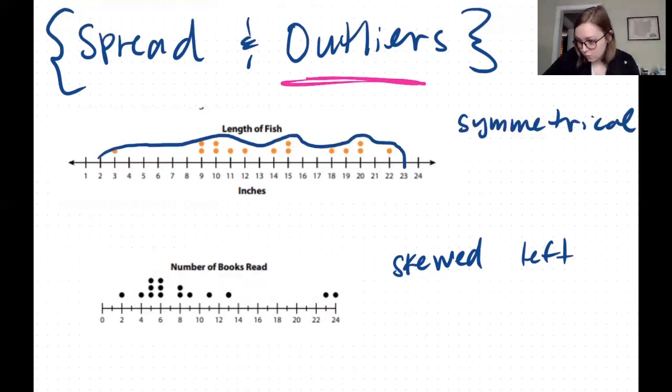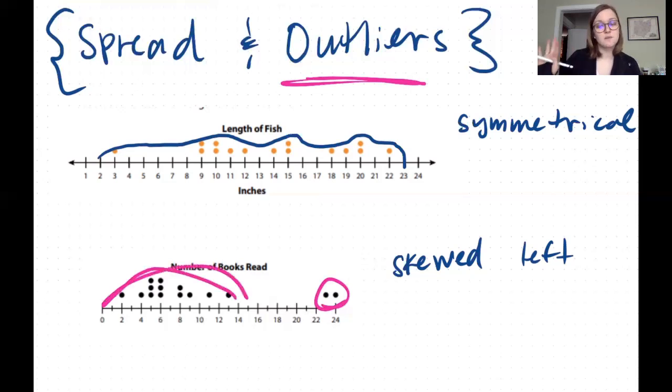This one is 23 and 24. Those are way far away from most of the data. Most of this data is right over in here, except for those 2 that are farther away. So those are the outliers. Sometimes you'll have 1, sometimes maybe you'll have 2, but it's really never going to be much more than that. Okay, those are the outliers.